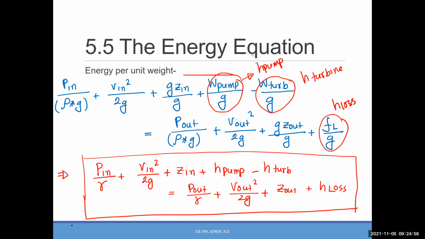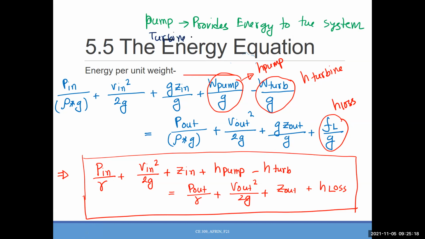And that's why we can say pump provides energy to the system and turbine takes away energy from the system.